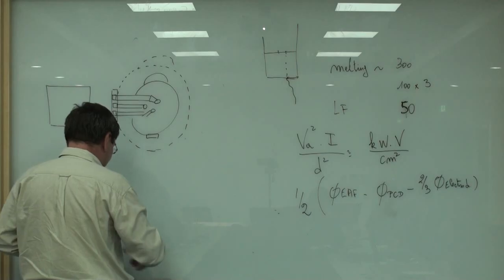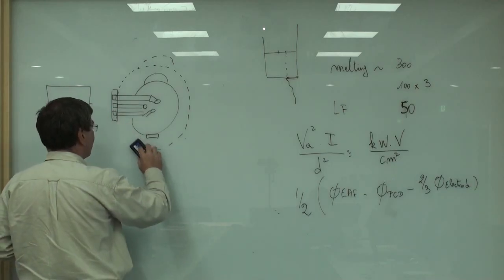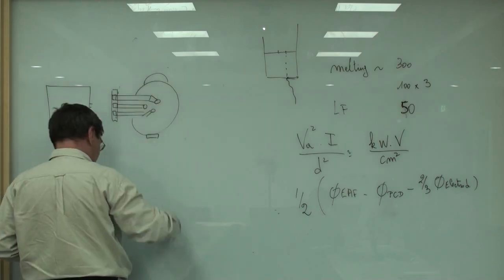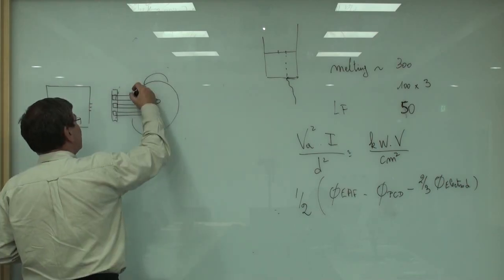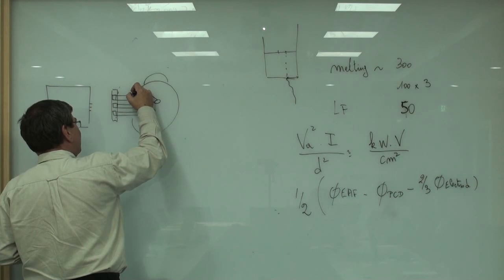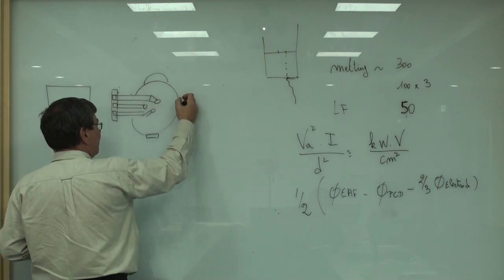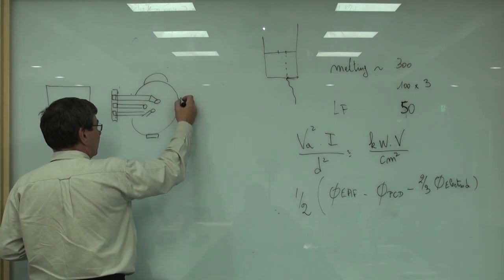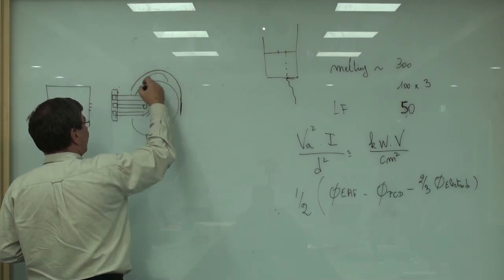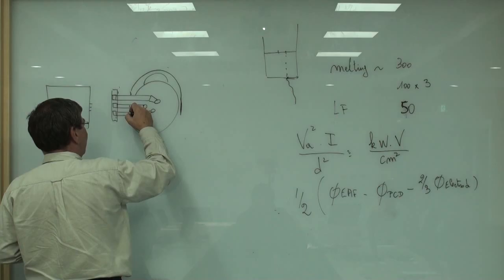So you don't do this, but you extend a little bit, and here you insert a straight panel. And then you go round again, and then you have a straight panel.